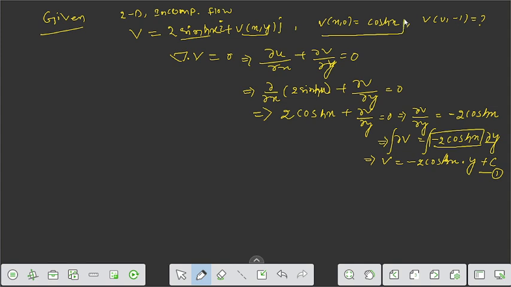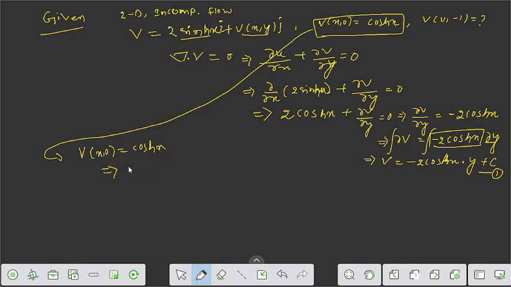From the boundary condition, v(x,0) is cosh x.